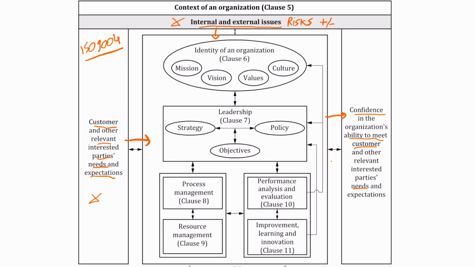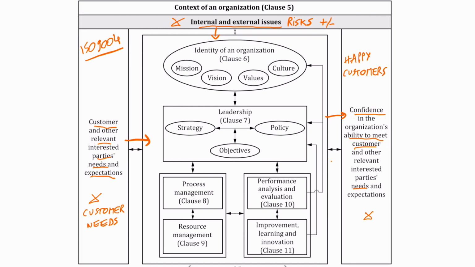Here we analyze different risks and opportunities around and inside the organization. We do a good job in the middle, and then we end up with the right results. So if we really try to make it very simple, this is customer needs, and this is, let's say, happy customers. Okay, this is the result.